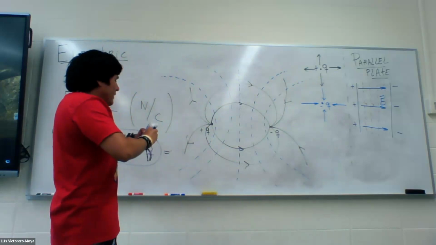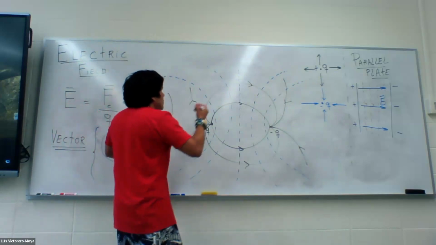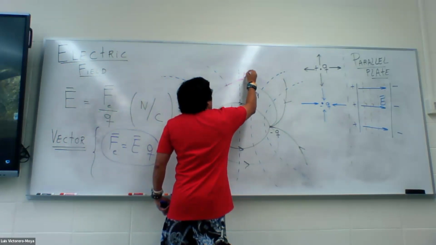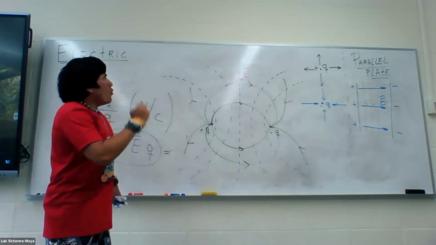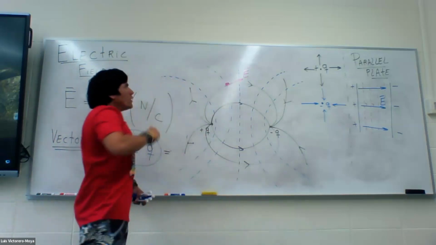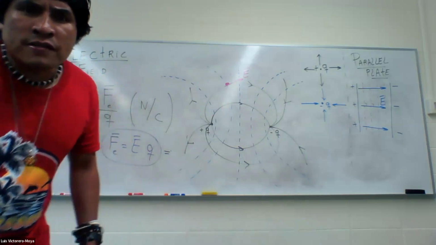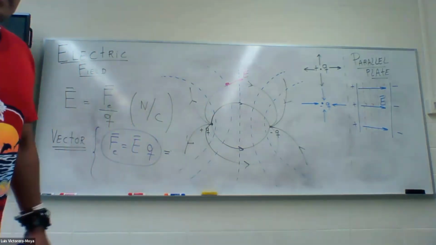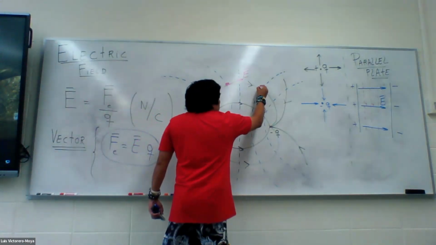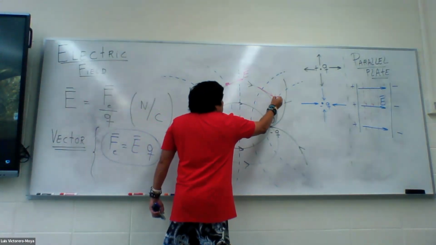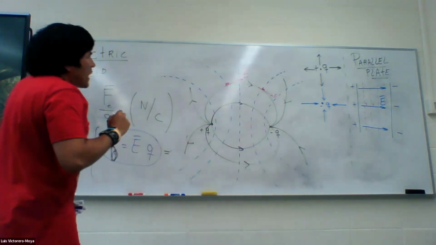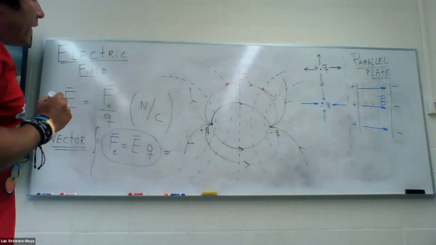And if I draw a tangent line here, this tangent is the direction of the field, which makes a perfect 90-degree angle with an equipotential surface. I don't know if you can see there. Yes, you can. You see that? The same here, right? So that is how we investigate electric field lines.